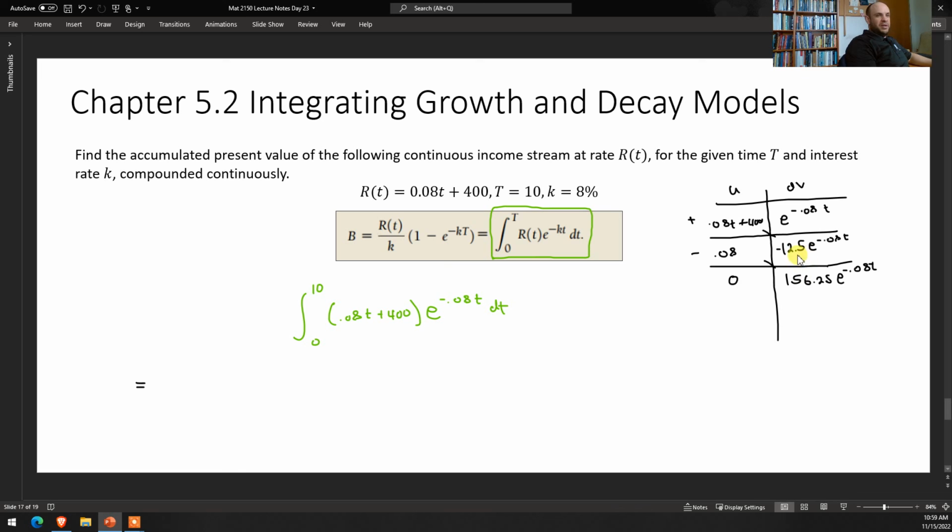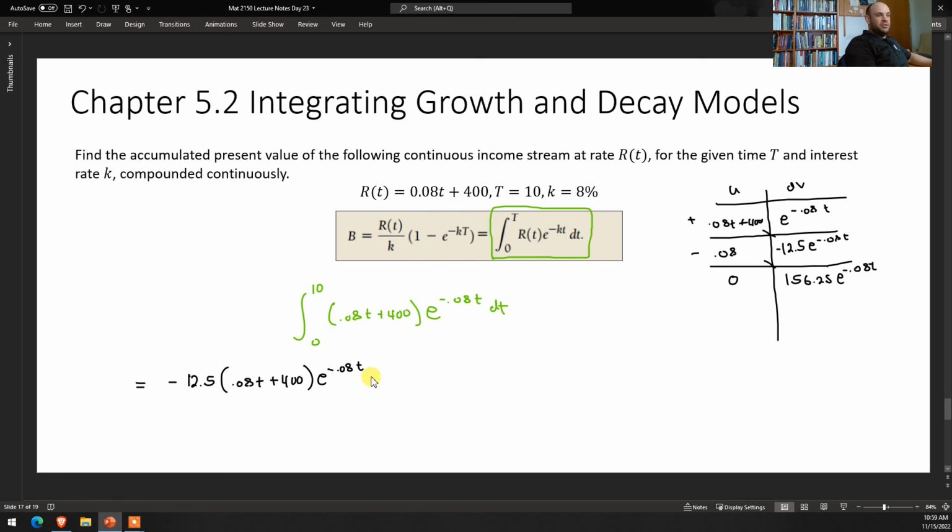So now let's be extra careful with our signs. We have our negative 12.5 times 0.08 t plus 400 times e raised to the negative 0.08 t.